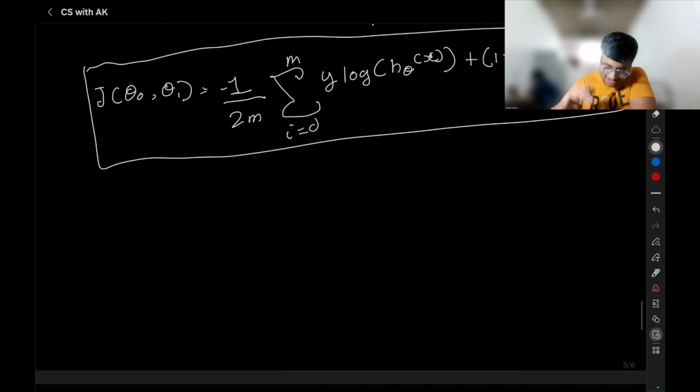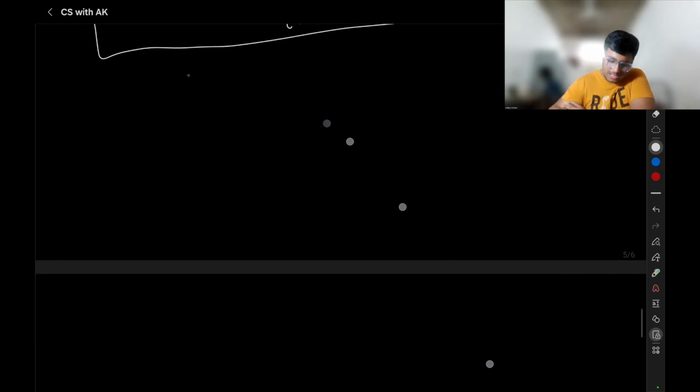Now we are going to do the same thing that we did in linear regression after calculating the cost function. My throat is paining a little bit, so that is why I took the pause. What we are going to do is run a convergence algorithm.